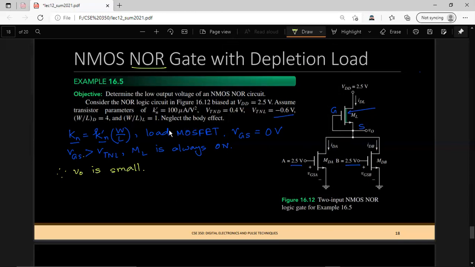Because the output voltage is small, and the drain voltage is 2.5, the VDS should be a much higher voltage, let's say around 1.8 volt maybe. Because VDS is high, we can safely say that VDS is greater than VGS minus VTNL.